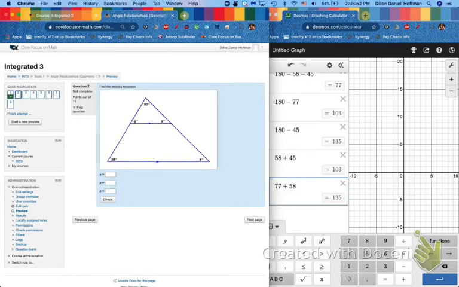Pause the video and see. All right. Did you say corresponding angles? It's been a while. But Z and X are corresponding, and similarly on the other side, Y and 38 are corresponding.